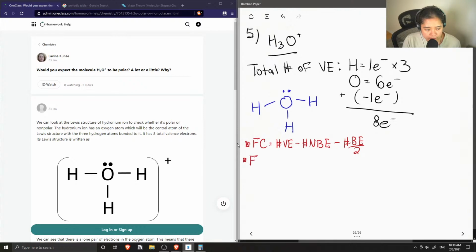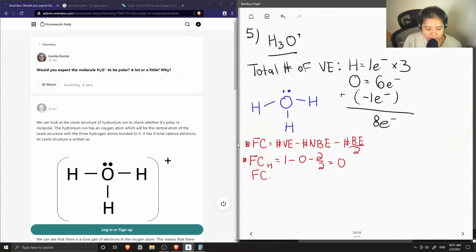So let's calculate the formal charge of one of the hydrogen atoms. Hydrogen has one valence electron, and since there are no lone pairs on hydrogen, there are 0 non-bonding electrons, and because there's a single bond containing 2 bonding electrons, we have 2 divided by 2. So hydrogen has a formal charge of 0.